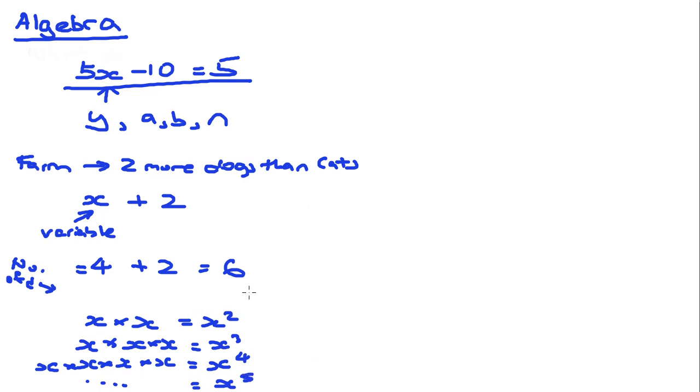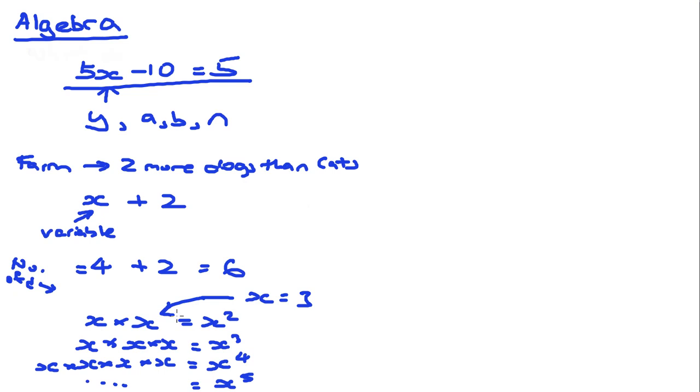A very important thing to note is that for each equation, if you use x for a certain number, this x would be that number throughout the equation. For example, if x is 3, in this whole equation x will be 3. This x will be 3, this x will be 3, and this x will be 3. You cannot say that this x is a 3 and this x is a 4.